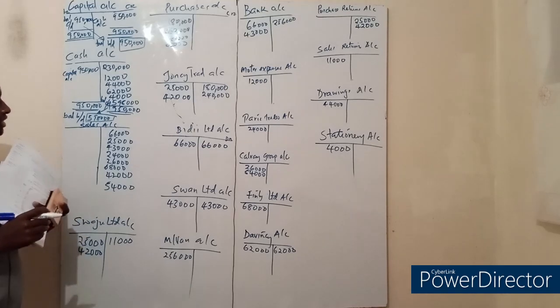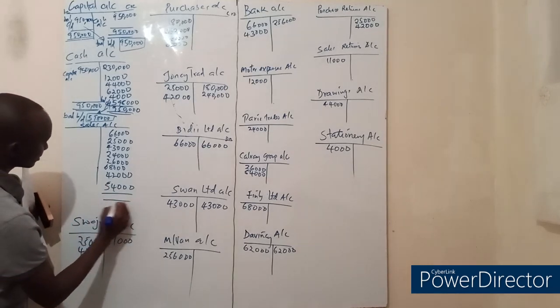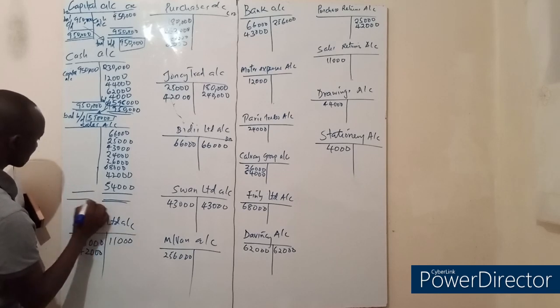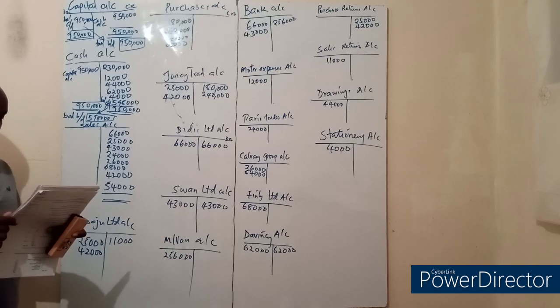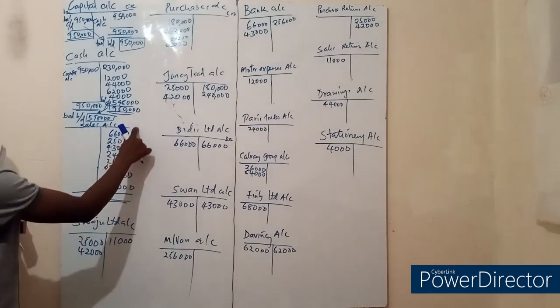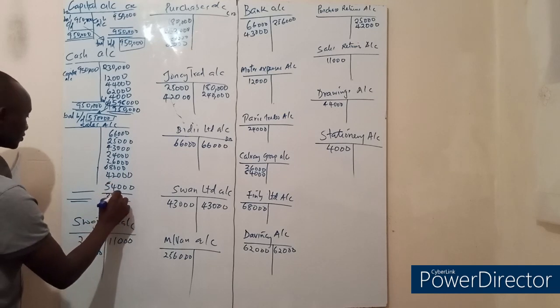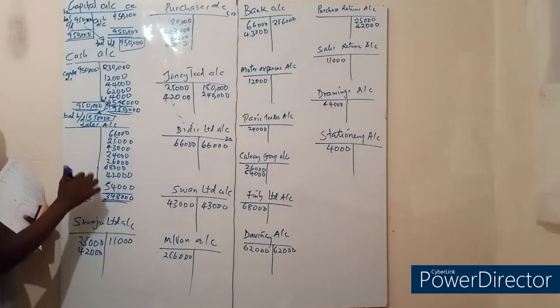Are we together? The same case applies to this other one. The total of sales account is 348,000. When you add all these, 348,000, that means this other side is okay.